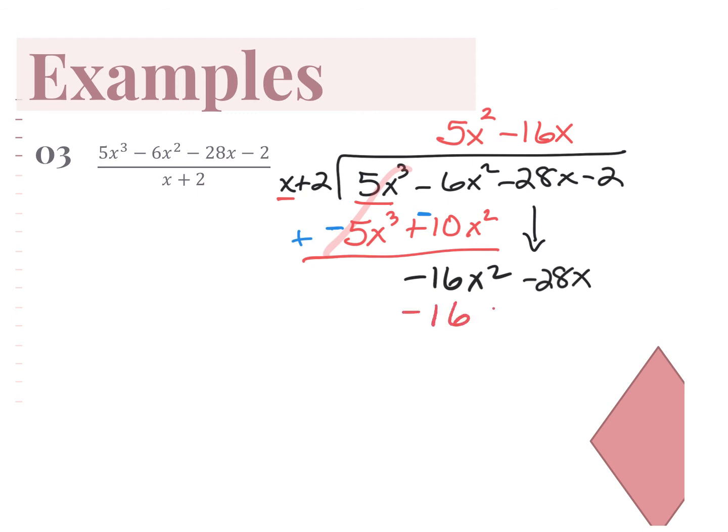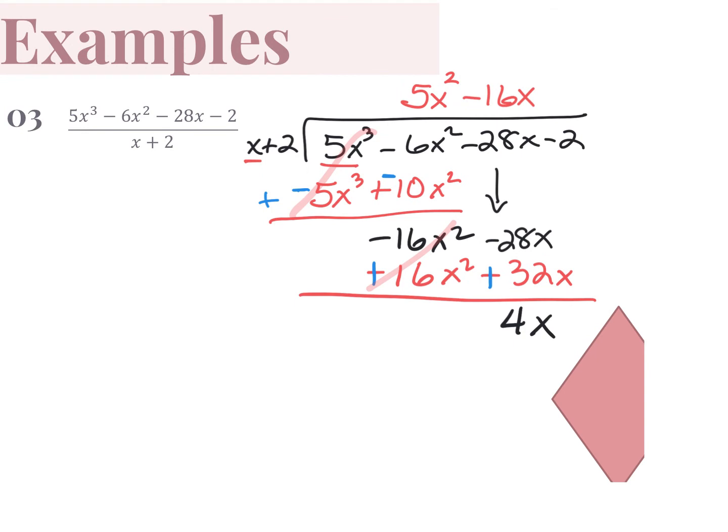So negative 16x squared minus 32x. Change the signs to opposites. So make them both positive now. Now add straight up and down. That one's gone. And then negative 28x plus 32 is 4x. Bring down your next term.